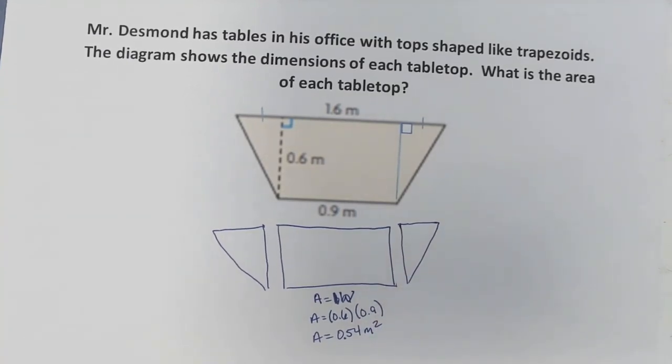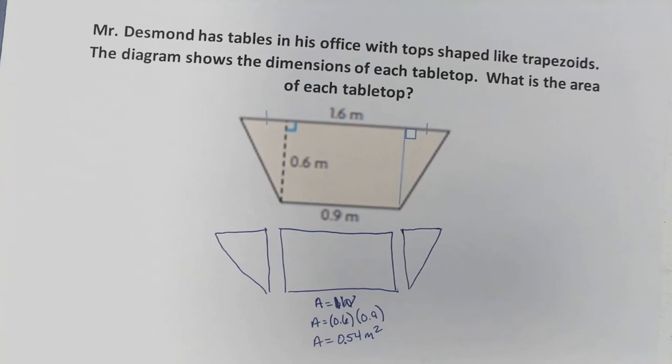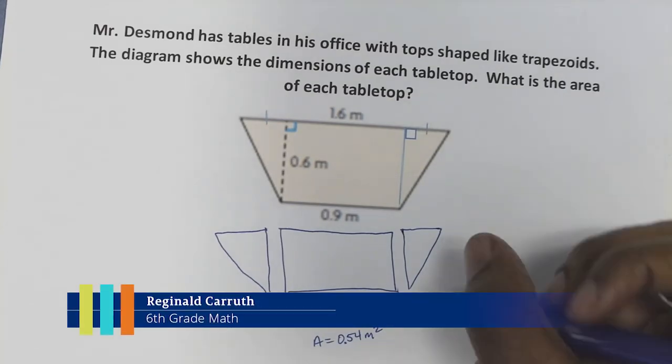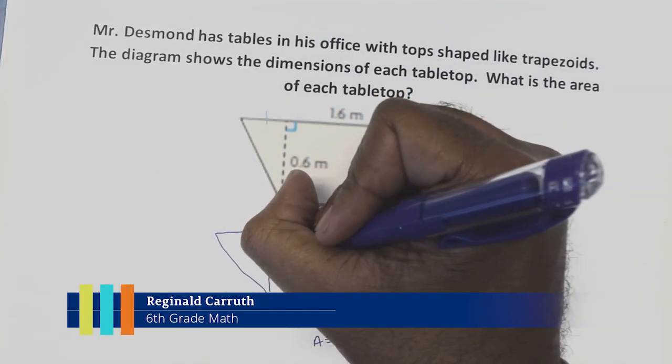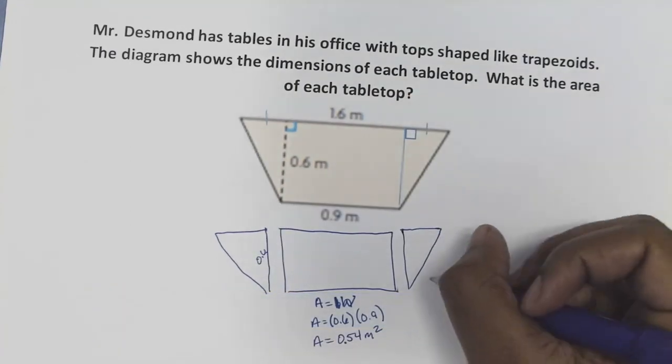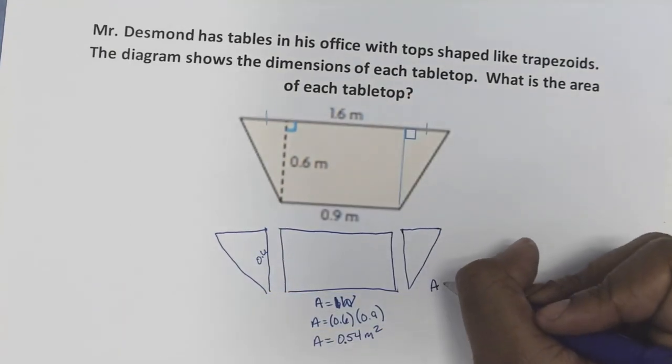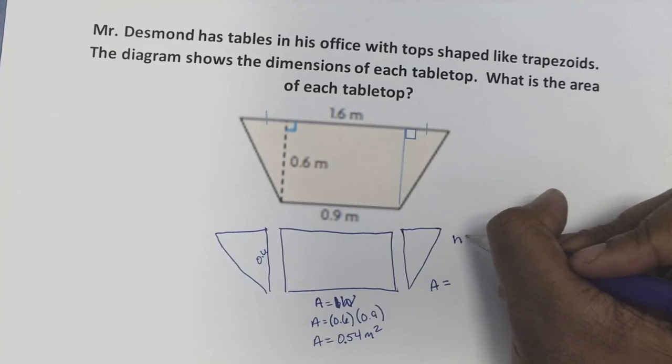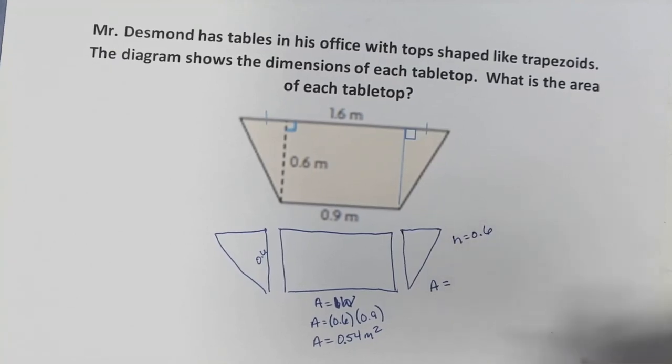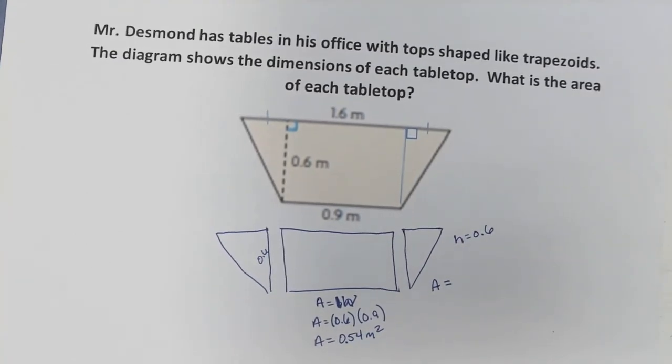What about the triangles? What are the base and the height of those? Good. Some of you noticed that the height is the same height as the rectangle. So my height, 0.6. What about my base?